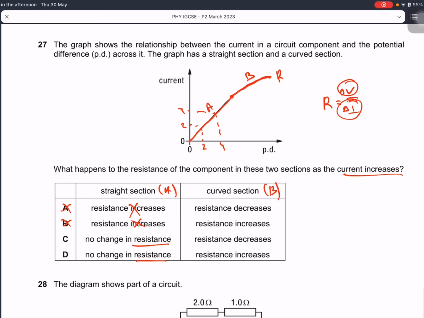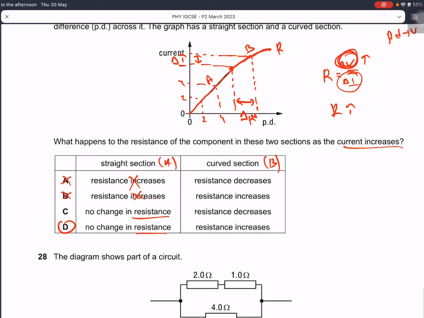So from here to here, we have this much of an increase in current. Let's check the PD, potential difference. We have this much of an increase. So the change in PD is higher than the change in current. PD is voltage, okay? So definitely voltage wins, so resistance will increase. 27 is going to be D.